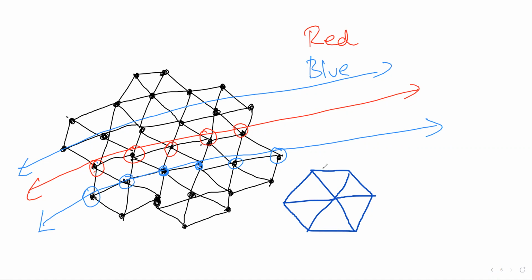Let this be red. I'll just color them in the order I've already finished. And this is green.